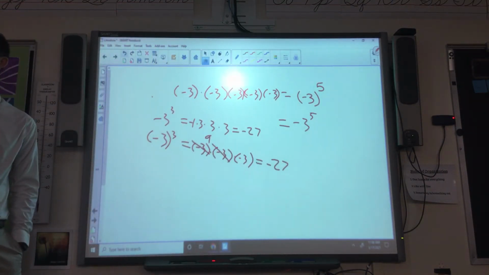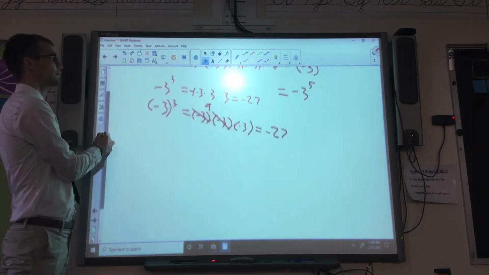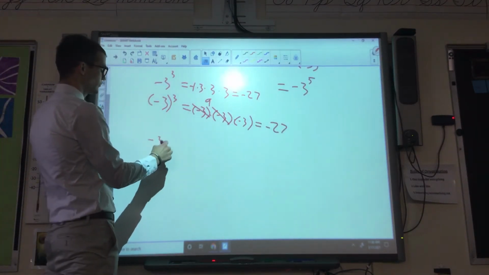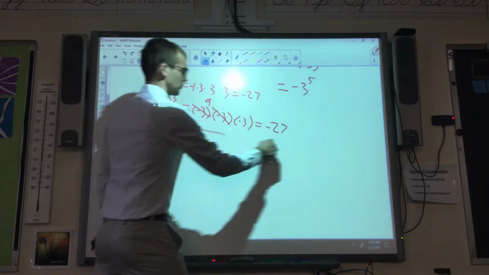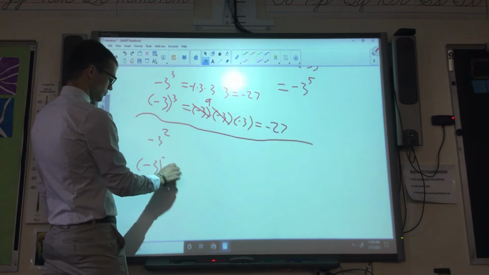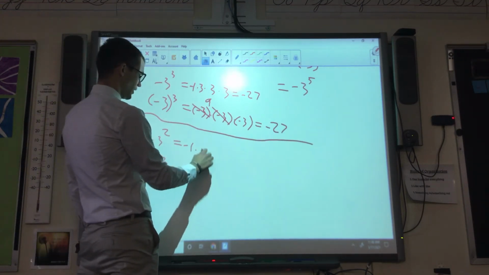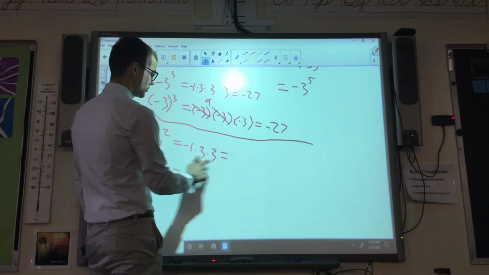So they should always equal the same thing, right? Nope. If I have negative 3 squared and negative 3 in parentheses squared, this is negative 1 times 3 times 3.